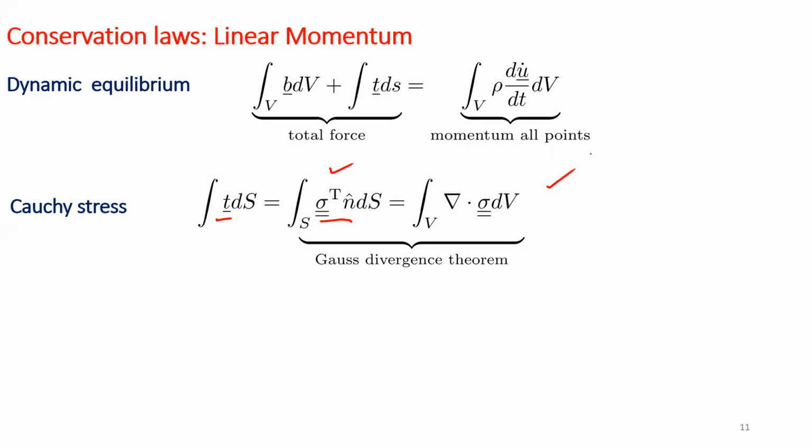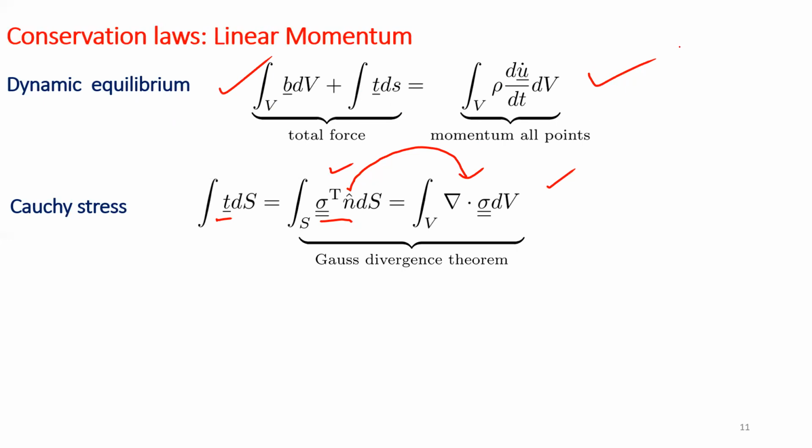I've directly used the Gauss divergence theorem to convert the surface integral to a volume integral. Why did I do that? Because on the two other sides I have volume integrals in the first expression. And the Gauss divergence theorem allows converting a surface integral to a volume integral.